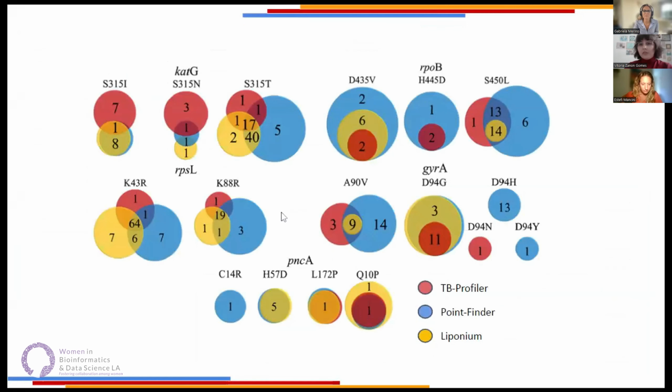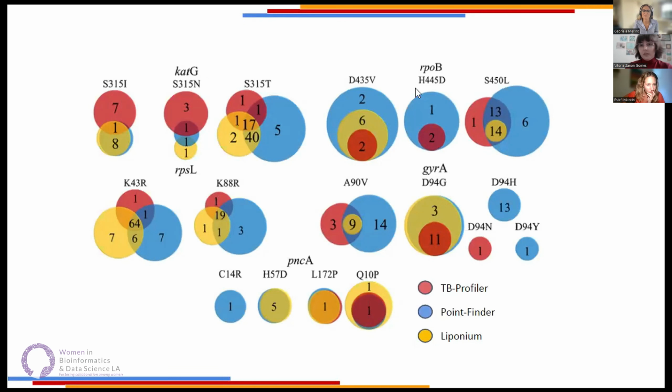And also we have the comparison between TB Profiler, PointFinder and Liponium. There are two well-known tools to identify TB mutations. The yellow circles are Liponium's ones, the blue are PointFinder's ones, and the red ones are TB Profiler's. We can notice that there are a lot of overlaps, and that represents mutations that all three methods could identify in the sequences used.